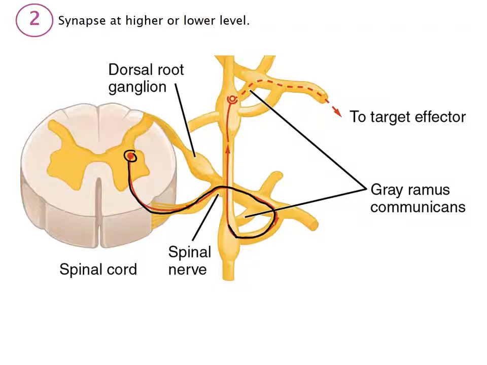Once within the sympathetic chain, the preganglionic fiber can either ascend or descend within the chain to another level. In this instance, we're ascending to the level above. At this level above, the synapse occurs within this ganglion, and the postganglionic fiber is sent out through the gray rami communicans and enters into the gray ramus. And from there, it again will innervate its target tissue.